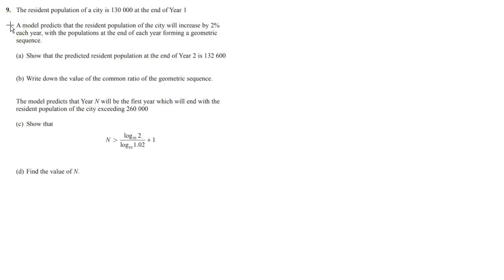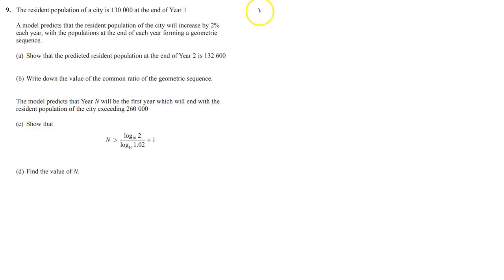The resident population of a city is 130,000 at the end of year 1. A model predicts that the resident population of the city will increase by 2% each year, with the population at the end of each year forming a geometric sequence. Show that the predicted resident population at the end of year 2 is 132,600.